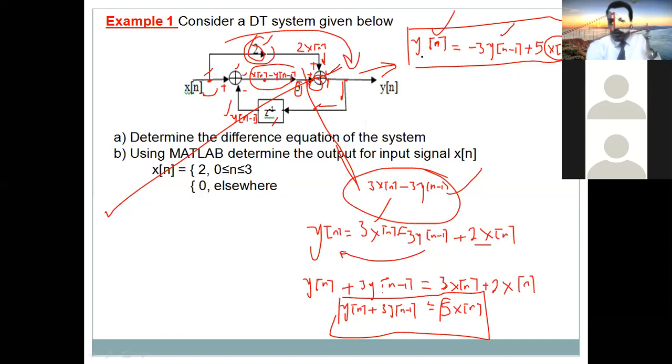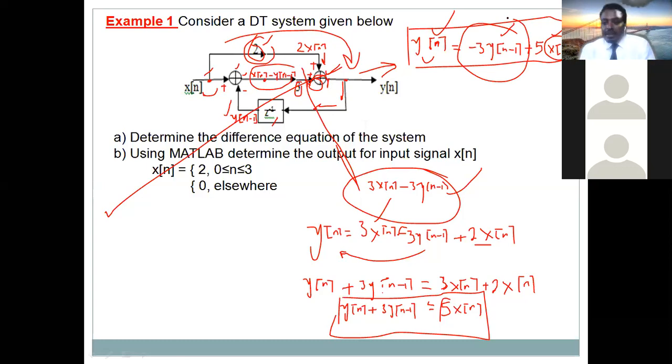Our output depends on 5 times the input plus it also depends on the past values because it is a causal system. The first factor, y of n minus 1, means the past value of the output determines the present value of the output. So the output does not depend only on the input, it also depends on the past value of the output.